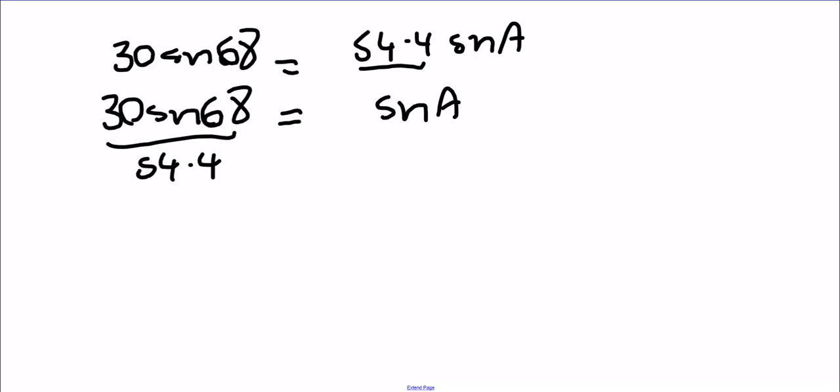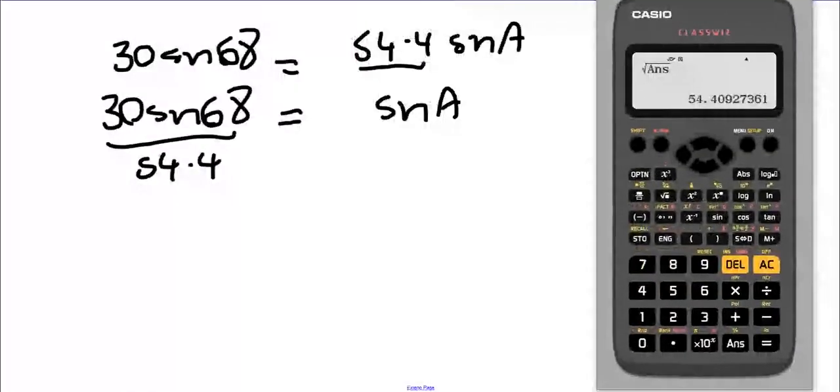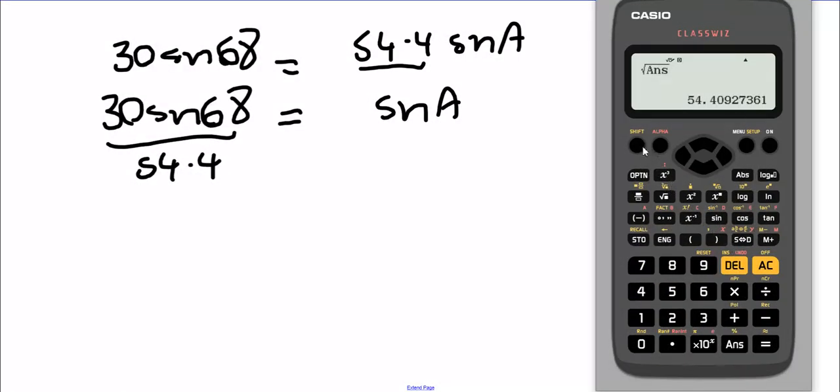Okay, and then what do we get here? We're going to do 30 sine 68 all over 54.4. And we get this, syntax error. Forgot to close the bracket, I believe. 0.511.